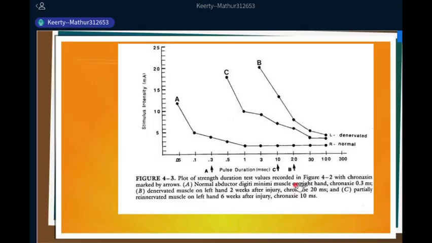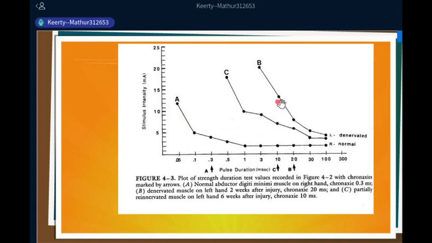In this we can differentiate between the graphs. Number 1A is the normal abductor digiti minimi muscle graph, the normally innervated muscle graph. See this, it is parallel to the x-axis up to a certain duration. Then after a certain decrease in duration, we need to increase the strength of the stimulus to get the required perceptible contraction.